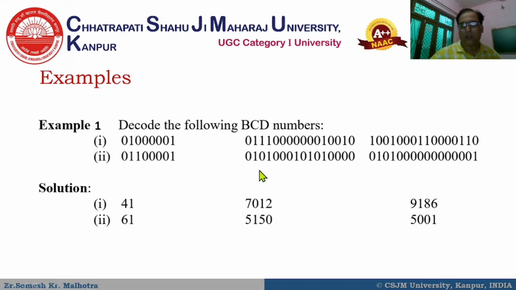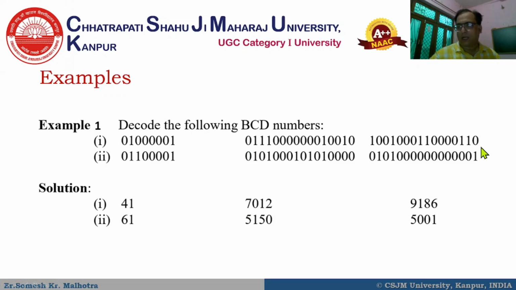It is 5. Let us move to the second part. This 4 combination is 2. Next 4 combination is 1. Then 4 combination is 0, and finally this 4 combination is 7. So this is written as 0, 1, 2.